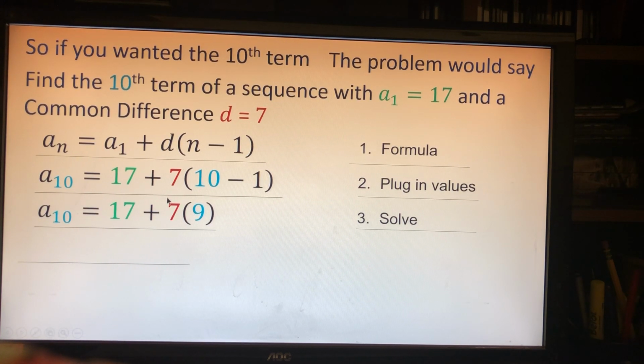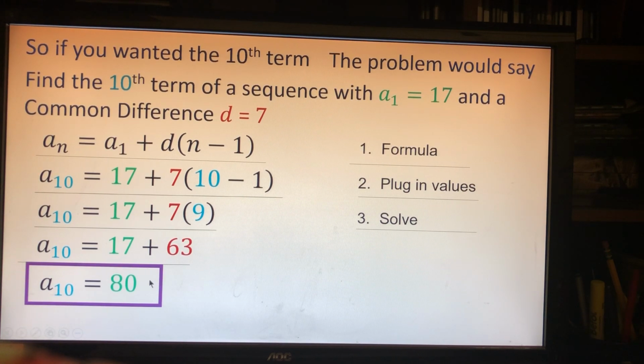And then we're going to multiply the 7 times the 9, get 63. And then we're going to add the 17 and the 63, and we're going to get 80. So the 10th term in this sequence that started at 17 and went plus 7 every time was 80. And that is our answer.